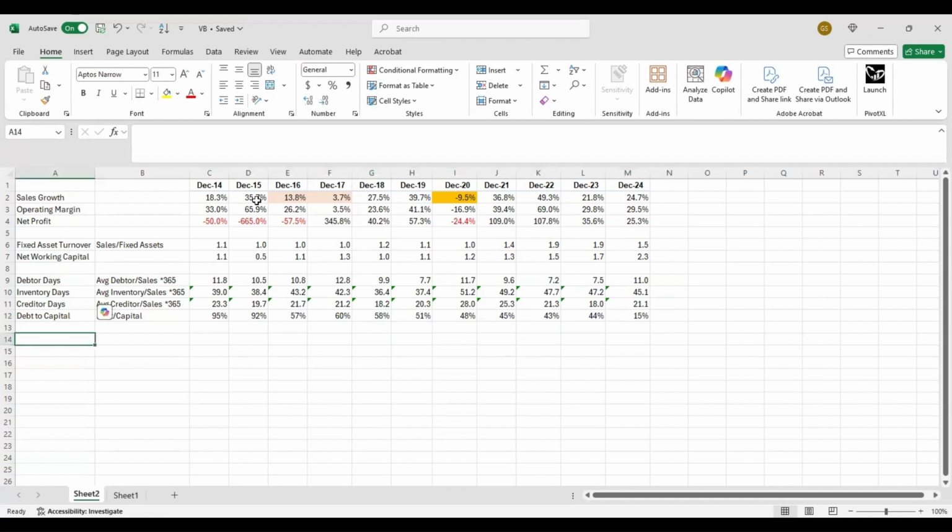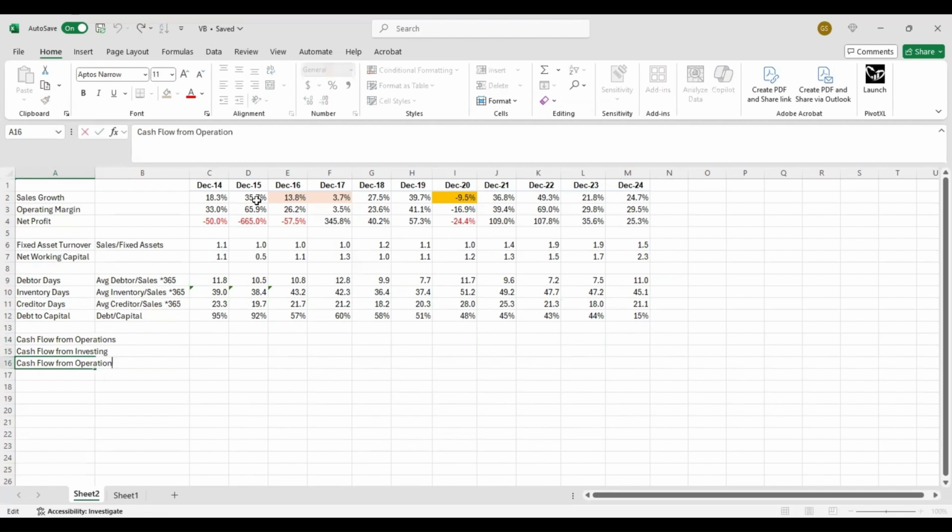All right. So after the debt to capital ratio, I now move on to the cash flow analysis. Let's start from cash flow from operations. In fact, we'll analyze all three together: cash flow from operating activities, cash flow from investing activities, and cash flow from financing activities.